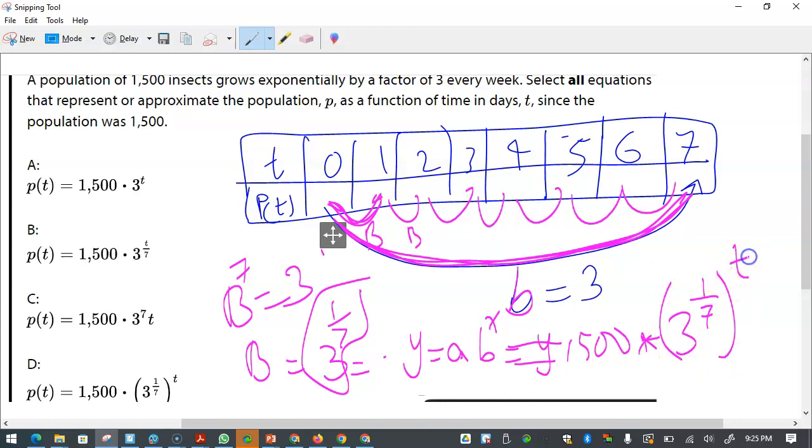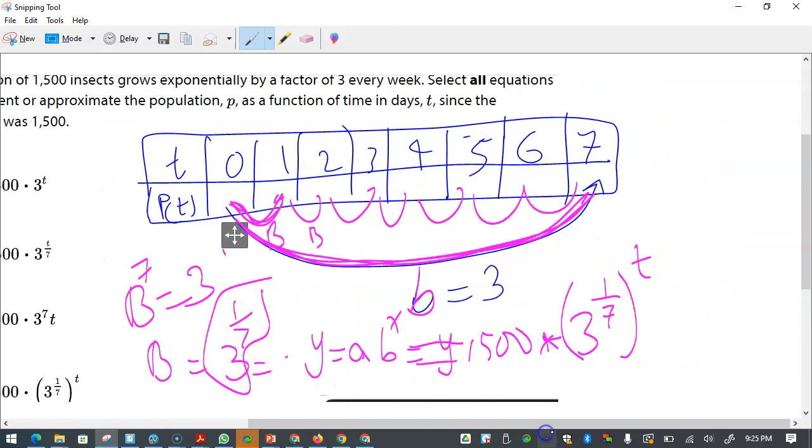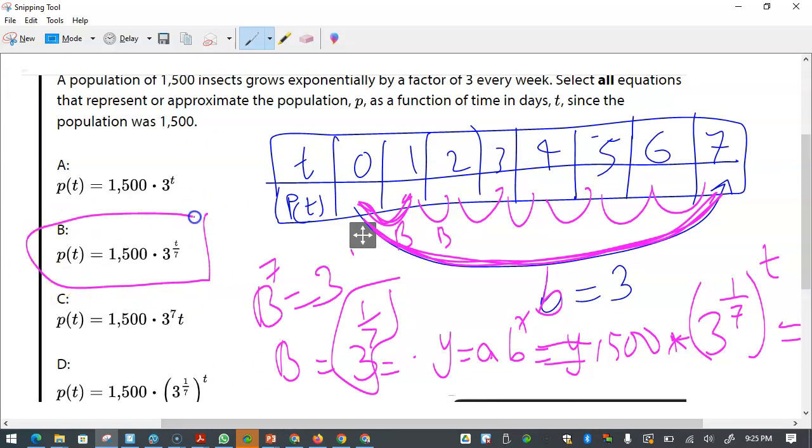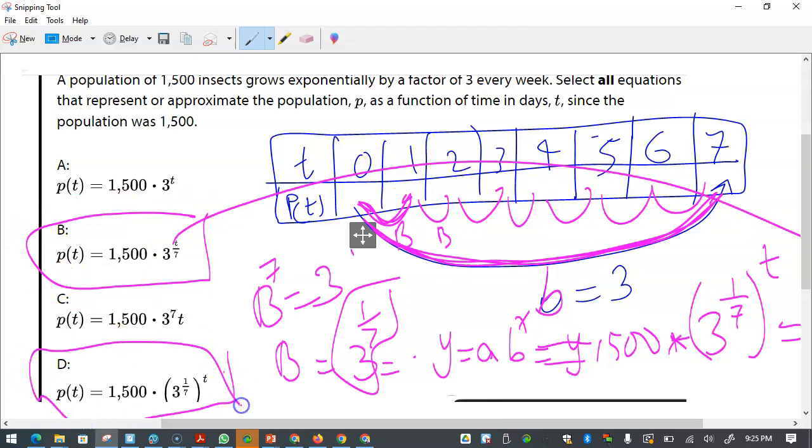And remember, this is the same as writing 3 raised to 1/7 times t, which is 3 raised to t over 7. So the answers that you got correct are the B part, see this part, which is the same thing that I showed on that side, and also the D part, which is right here.